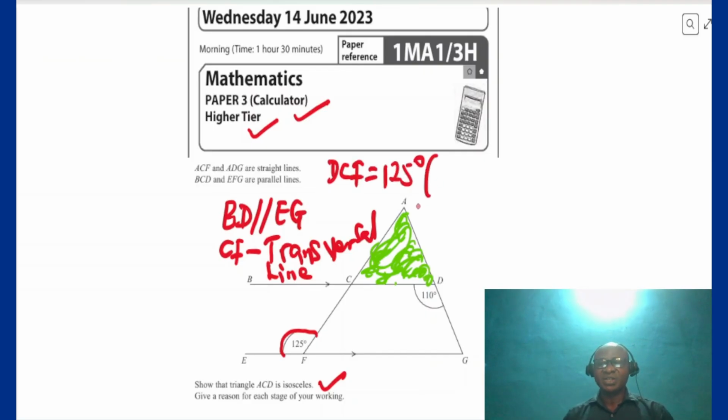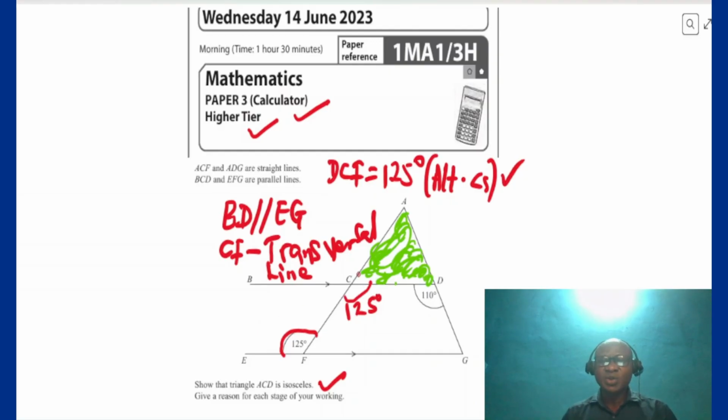And what is my reason? My reason is that they are alternate angles. So if EFC is 125, therefore DCF, which I am referring to here, should also be 125 degrees. My reason is put inside the bracket.